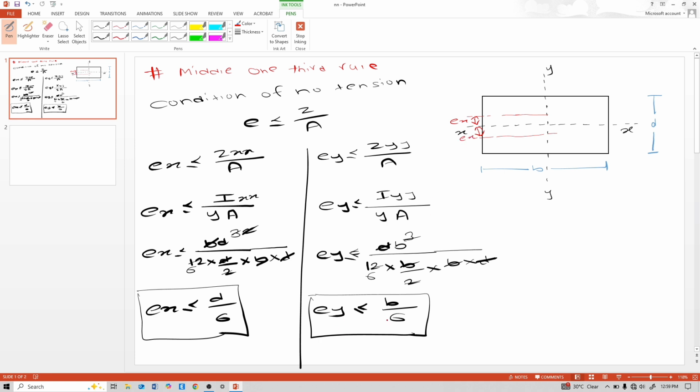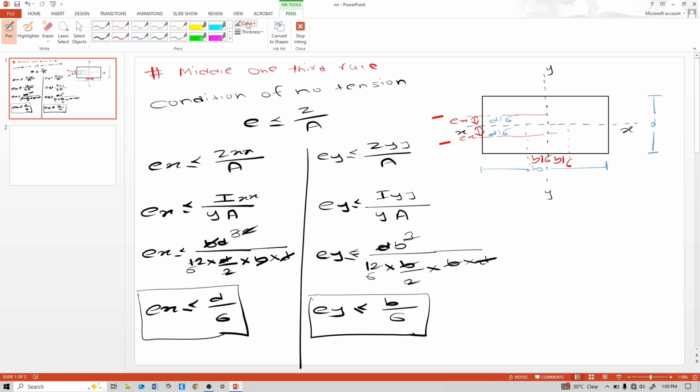Now this ey is b by 6. Measure ey with respect to the y axis, that means from the y axis. The total is b, and from the y axis b by 6 will come here, and also here b by 6. So what is this ex? Ex is d by 6, and this is also d by 6.